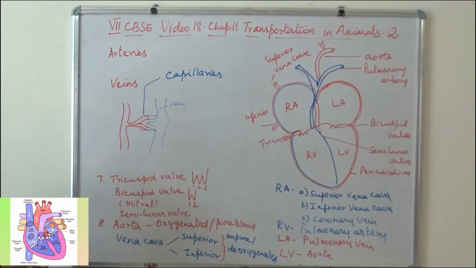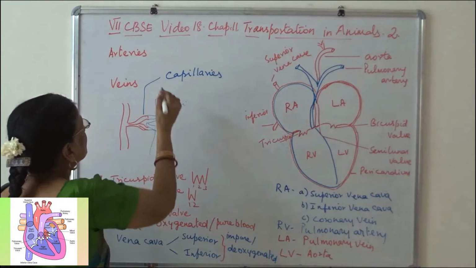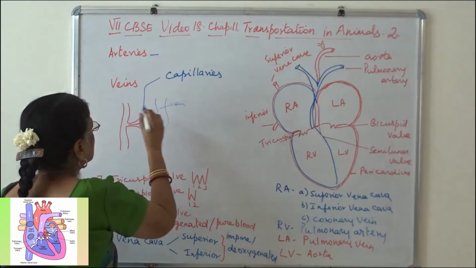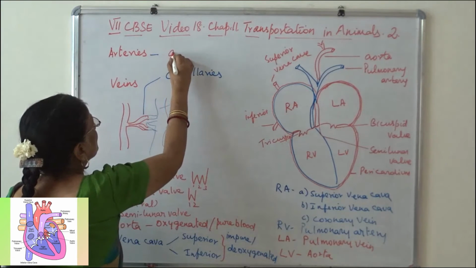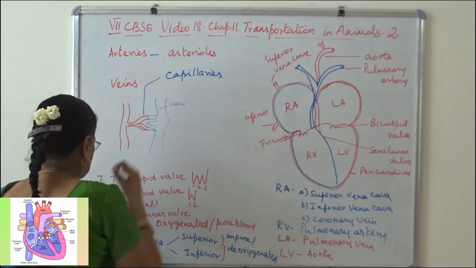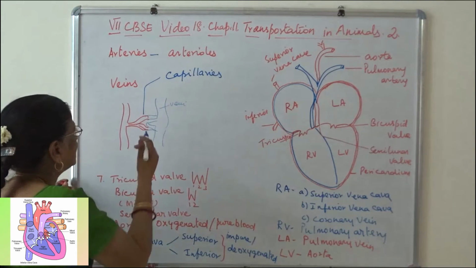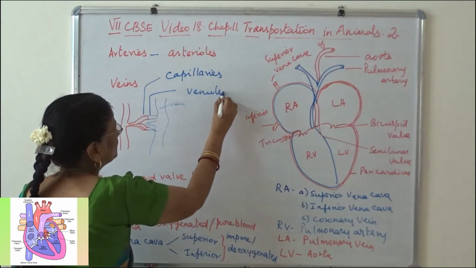Arteries ending in capillaries are called arterioles, and veins ending in capillaries are known as venules.